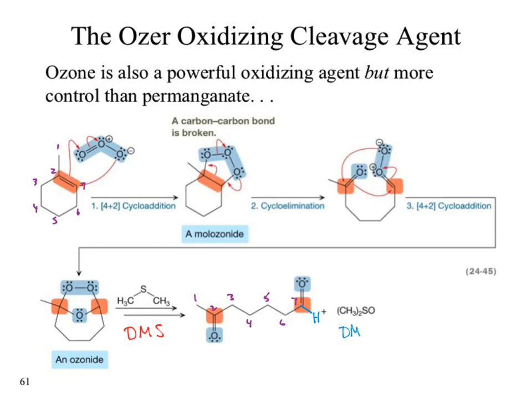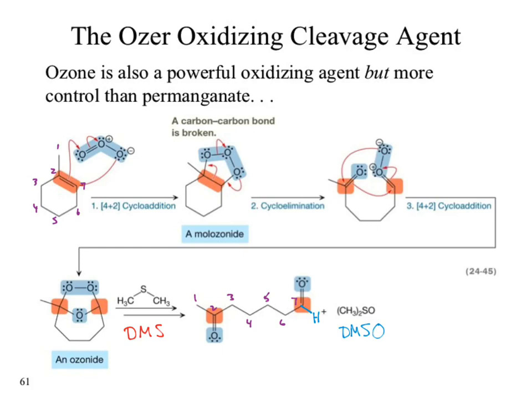So 2 methyls, sulfur, oxide. DMS becomes DMSO. Okay? DMS will scavenge one of the oxygens from the ozonide so that we do not form the carboxylic acid. We stall at the aldehyde.